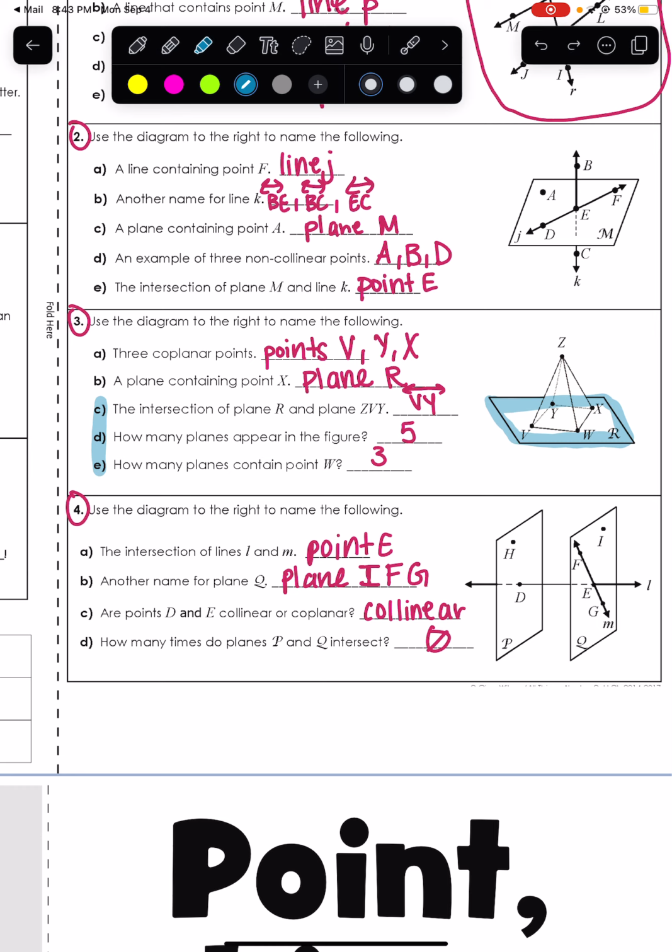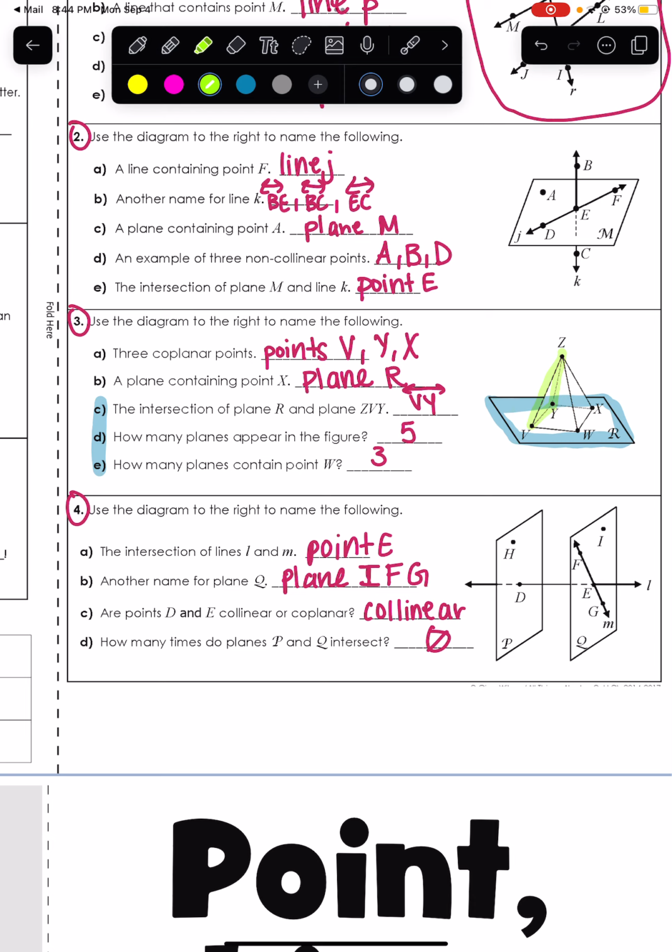Hold on, let me put that in a different color. The intersection of those would be V and Y because they share those 2 points. So in plane R, there's 4 points, right? V, Y, X, W. In plane ZVY, that green one I just drew, of the 4 points that plane R contains, V and Y are the ones they share.